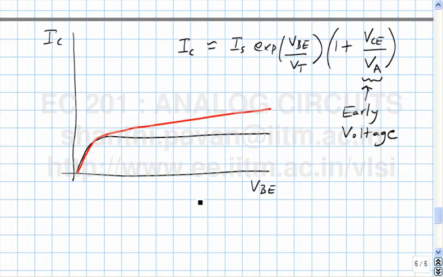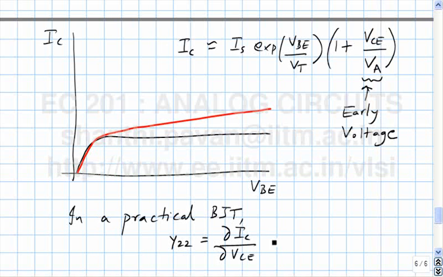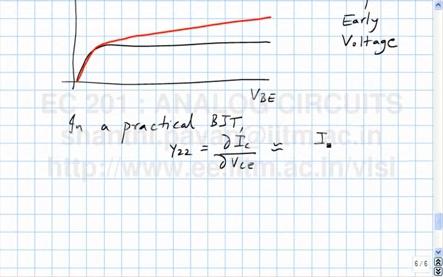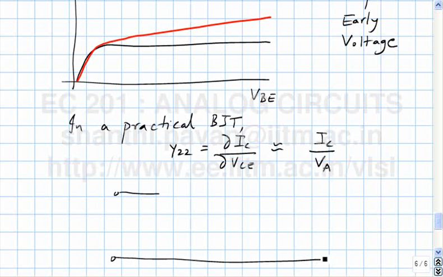What happens to Y22? Y22 is ∂IC by ∂VCE, which is approximately IC by VA. For a practical bipolar transistor it becomes the following, very similar to what we had for a MOS transistor.